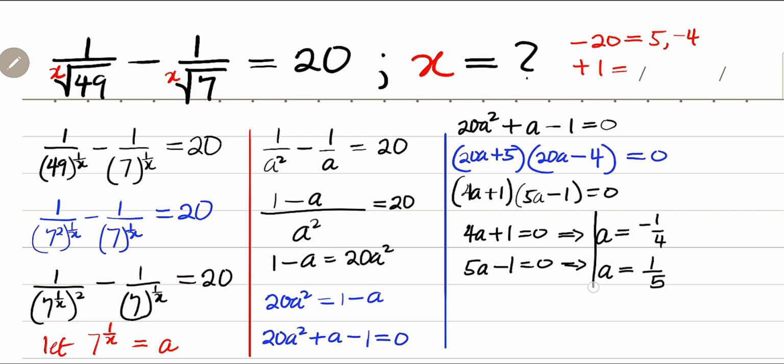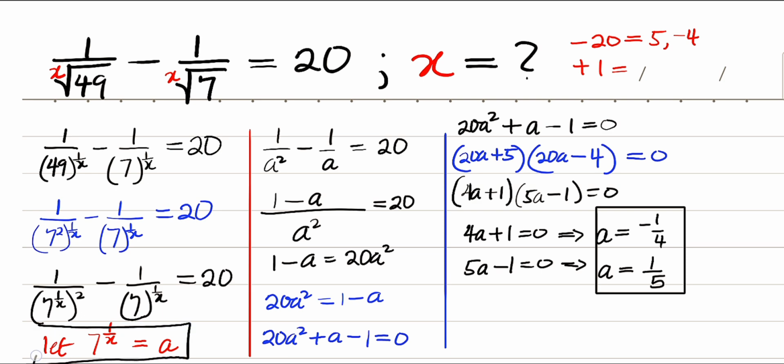Now let us recall that these are just the values of a and not of x. Recall also that a is equal to 7 raised to 1 over x. So all we need to do now is to find the value of x.